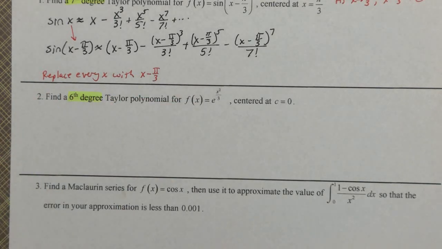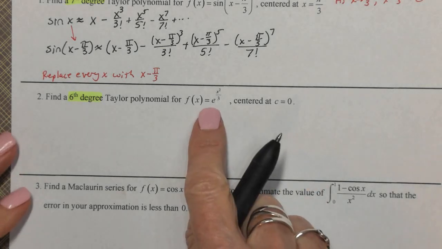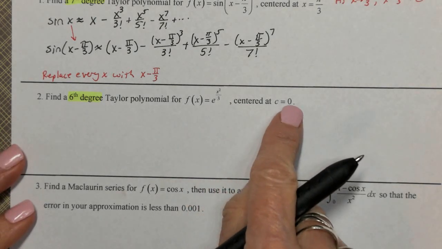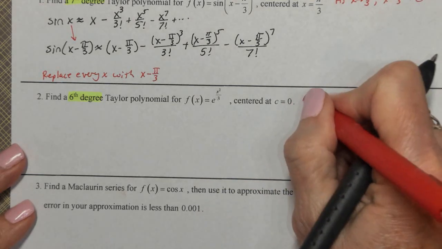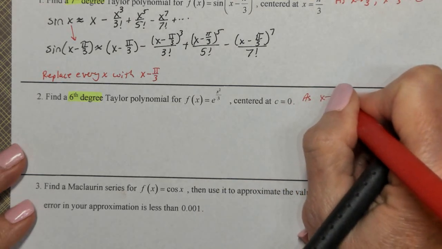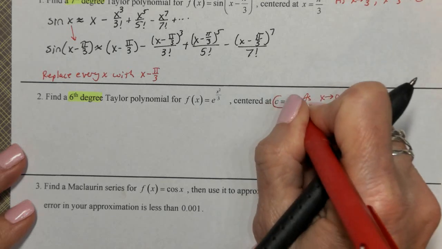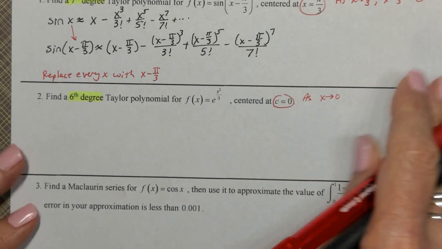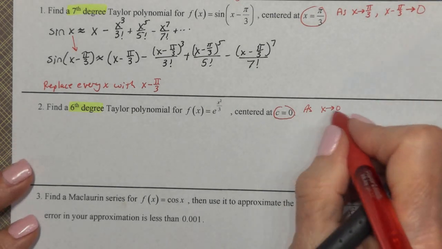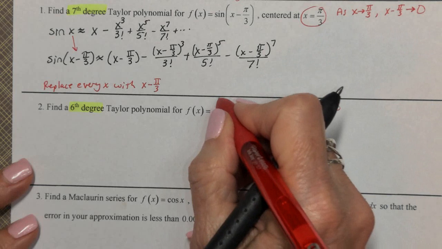Find a 6th degree Taylor for this function centered at c equals 0. So as x goes to 0, I'm doing that because of this here. Just like here I did the x is pi over 3. Okay. As x goes to 0, what does the argument do?